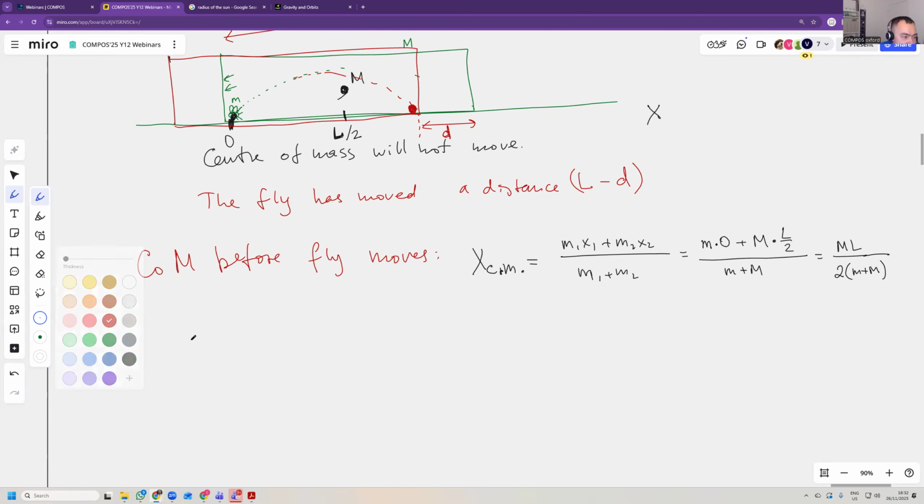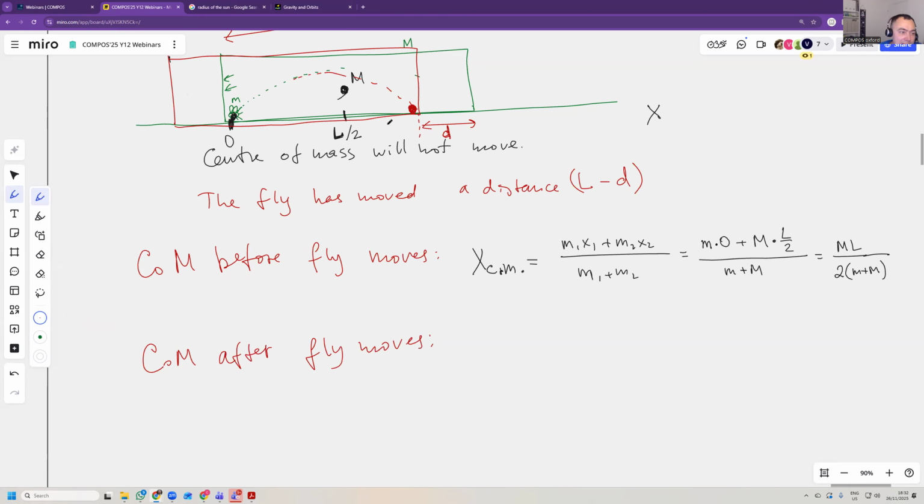Center of mass after the fly moves. The cylinder has shifted by d to the left, so the point M has shifted by d to the left.